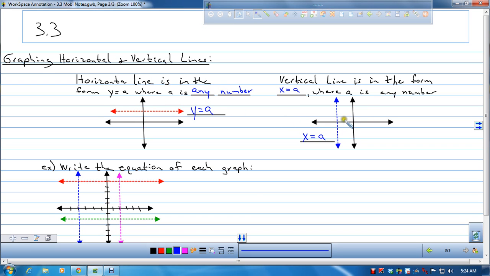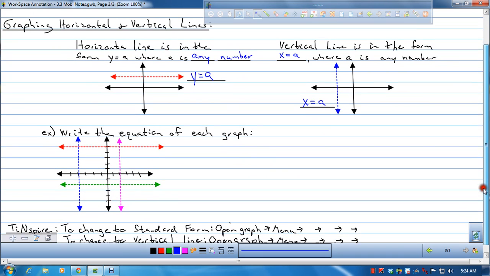Likewise, which axis is my intercept on? My intercept is on my x-axis. Therefore, my equation will be x equals whatever this intercept is. As long as you simply remember it that way, then we shouldn't have any issues.